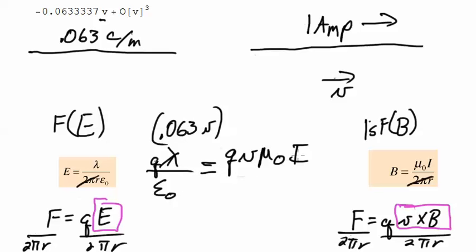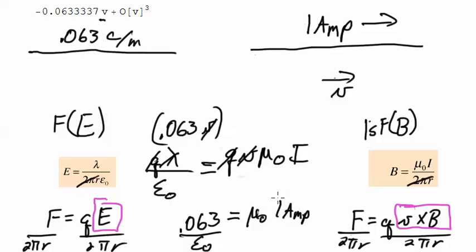So essentially I cancel out the V, we can cancel out the Q, and I'm left with what I started with: 0.063 equals epsilon naught times mu sub naught times 1 amp. I think that's what I had before.